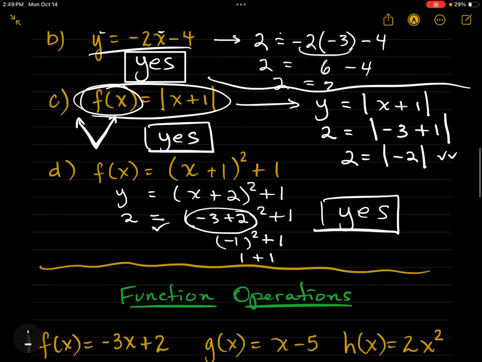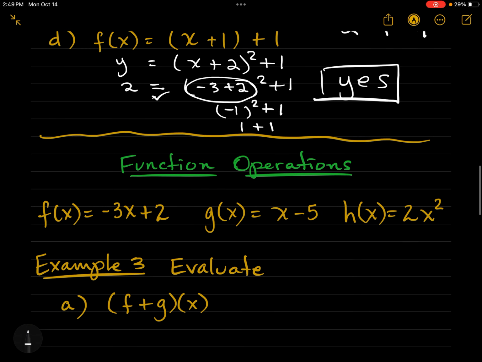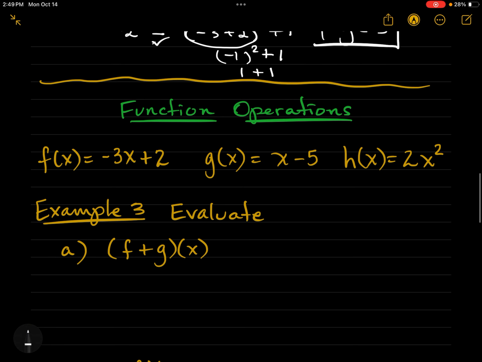Now, let's talk a little bit about function operations. Here, we have our same 3 functions, but now I want to show you how to add functions. So what this actually means is f of x plus g of x. And now we can write those functions.